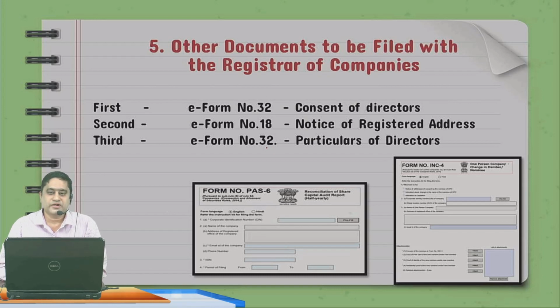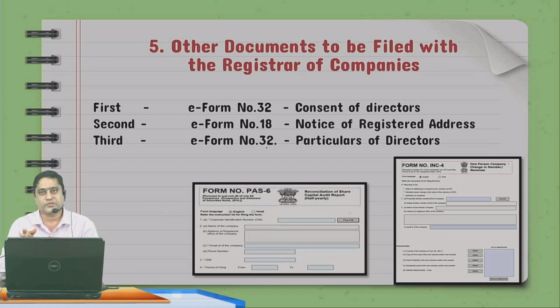Coming to the next point, the other documents which are necessary to be filed with ROC are E-forms. E-form number 32 deals with the consent of the directors, that the directors have given their consent and are eligible to be appointed as a director. E-form number 18 deals with the notice of the registered address.